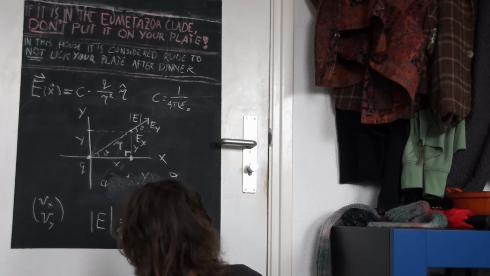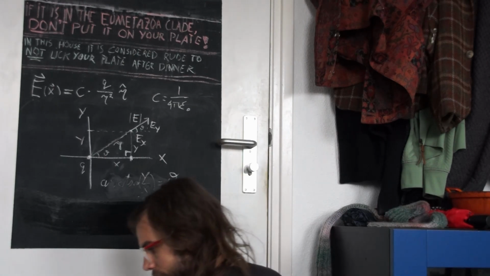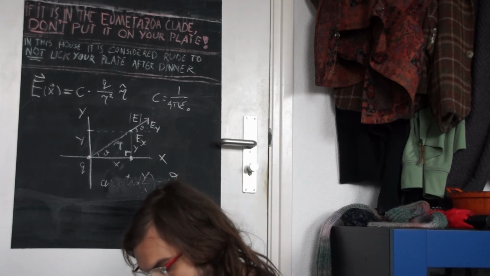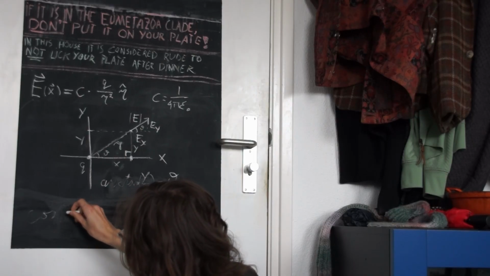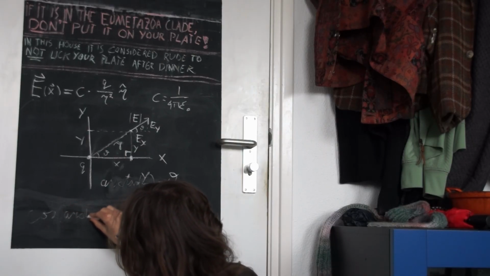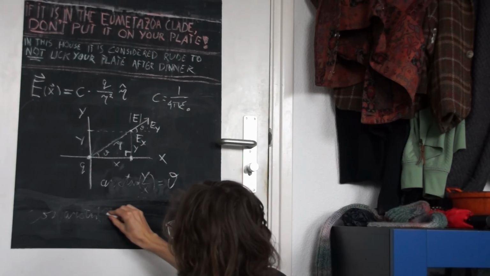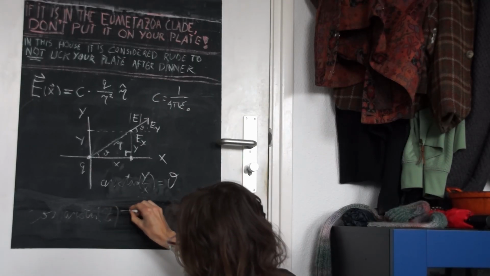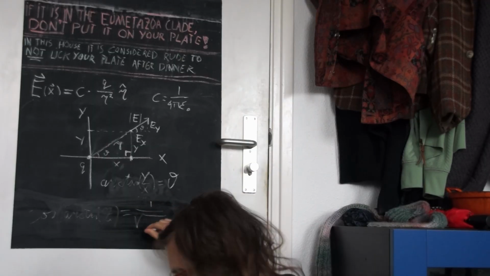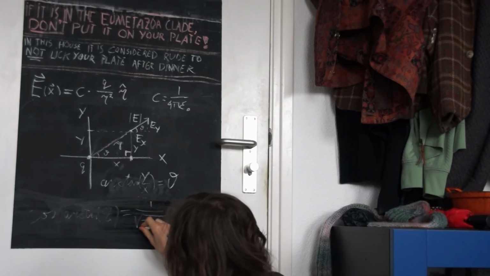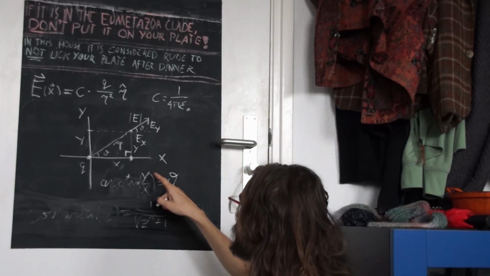So that means that our final field, and I'm going to use a little trick here, I'm going to use that the cosine of the arctangent of any number, let's call it z, is going to be equal to 1 over the square root of z squared plus 1. In our case, z is going to be y over x.